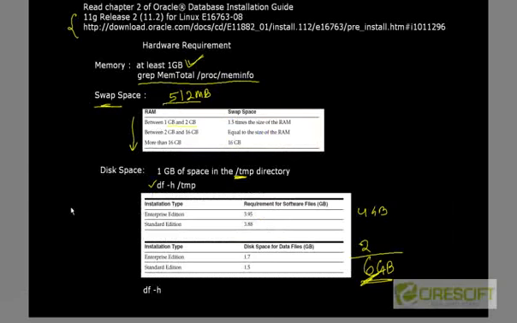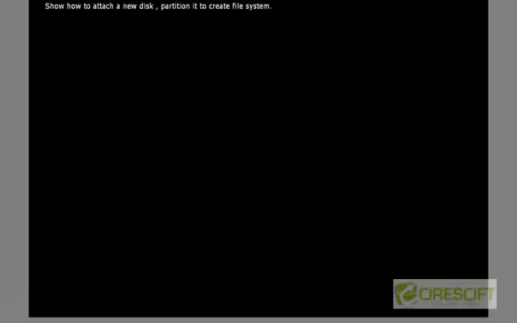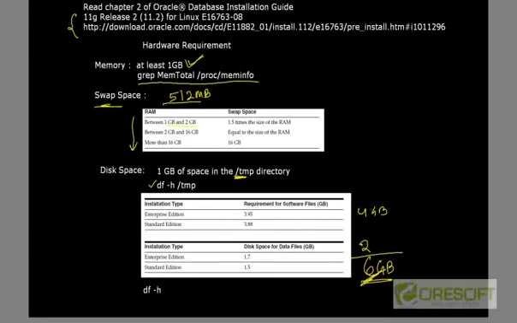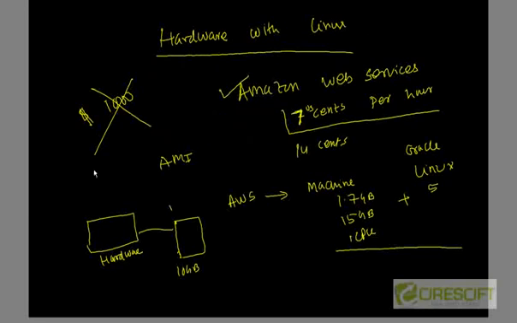So with this you learned how to get a machine from Amazon EC2, how to configure disks, and how to add more swap space. This is all operating system detail, nothing special about Oracle, but you need to understand it so that you can install the Oracle database server.